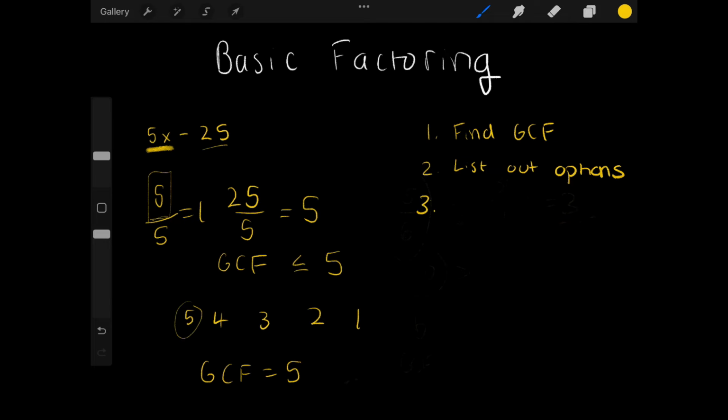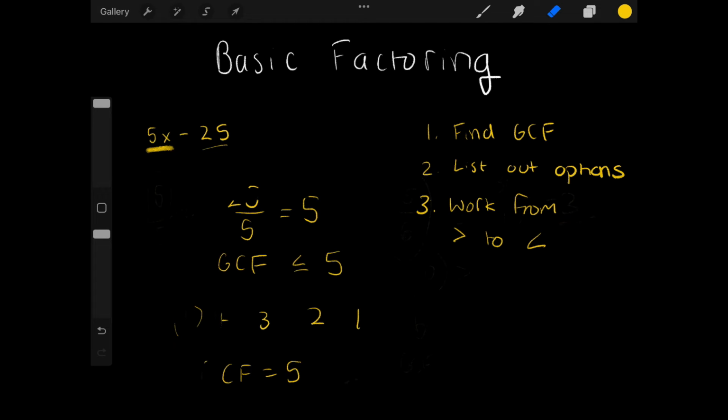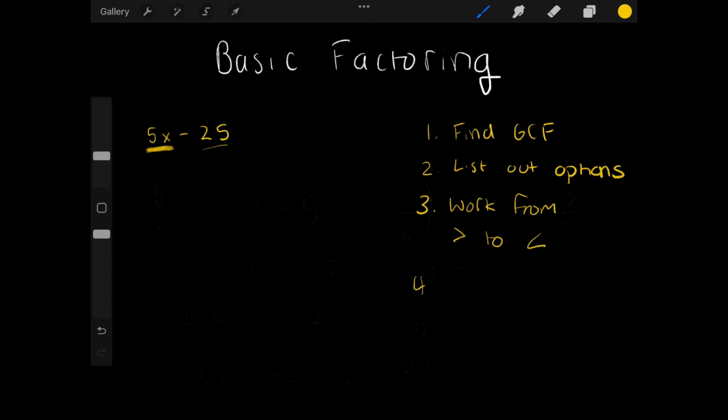So that means our third step is to work from greatest to least. Now that we have our GCF, the process is really, really easy. So all we have to do is divide our two terms by the GCF. So the fourth step is going to be divide terms by the GCF.